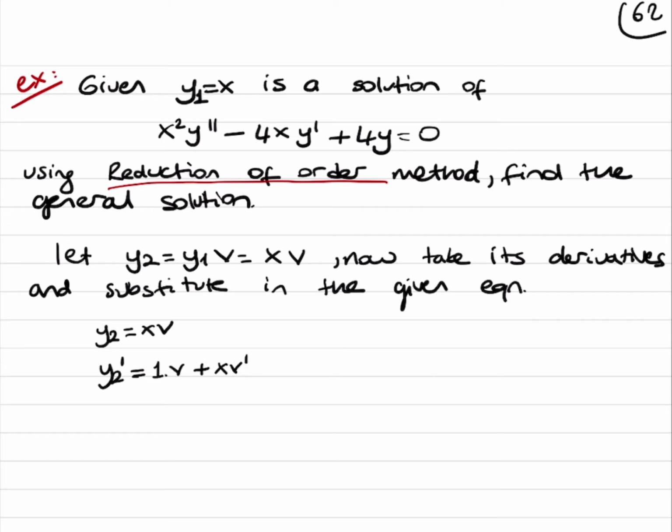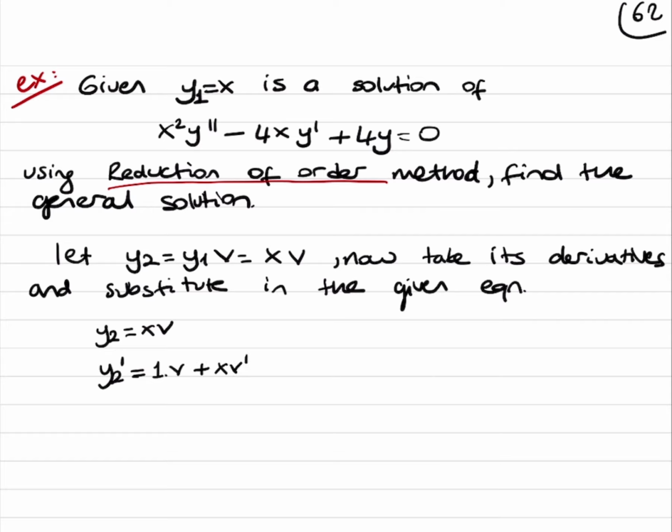Okay, now let's distribute the coefficients: x cubed v double prime minus 4xv minus 4x squared v prime plus 4xv is equal to 0.